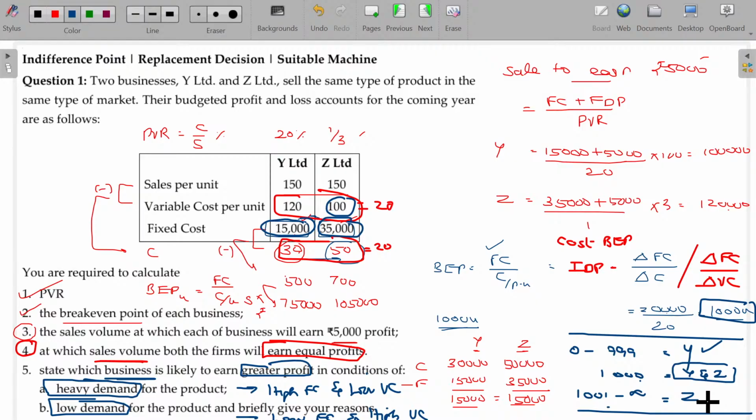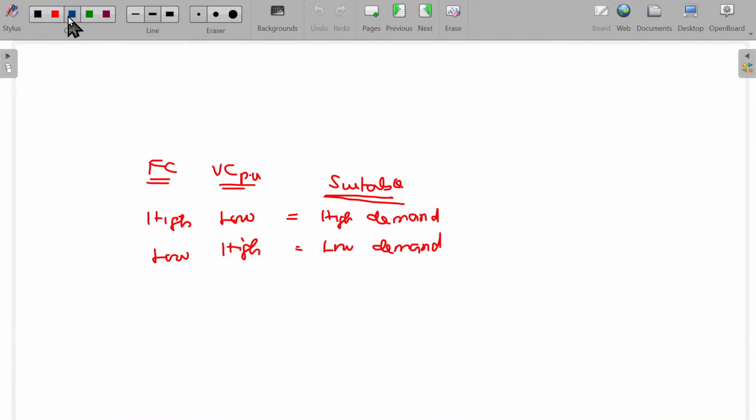Clear? Now let's summarize the points we have discussed. Indifference point, or it may be otherwise named as cost break-even point.